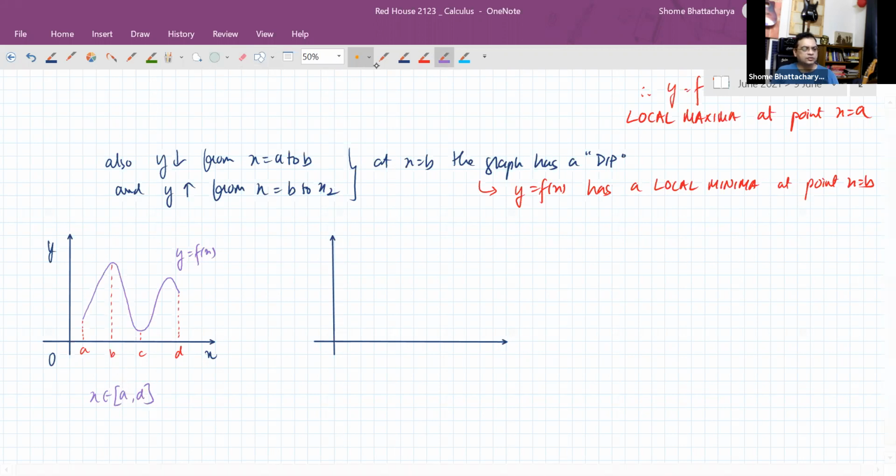the minimum value of y globally seems to be at this point. So f(C) is the global minimum, and the overall maximum value of y seems to be at this point, which is f(B). Also this is f(A).